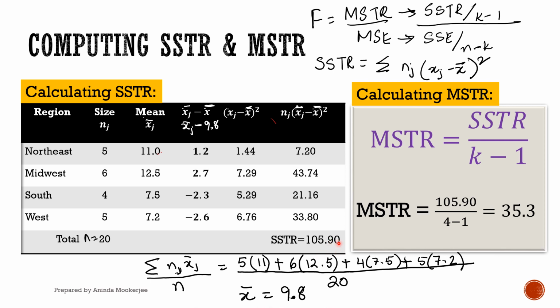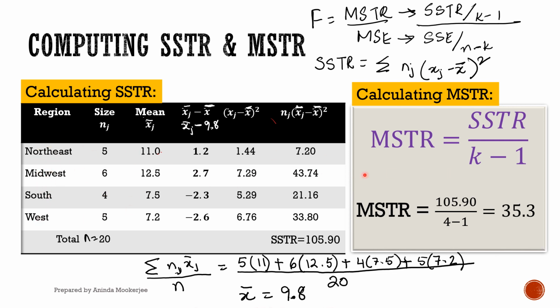To find the MSTR, you have to take your SSTR value you calculated from the table and divide it by K minus 1. What is K? K represents the number of regions in your study. We are comparing the means of 4 regions, so K represents 4 here.